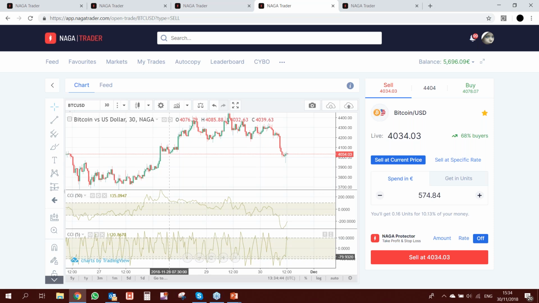If, for example, it was trading on the oversold, and then we had a pierce above the overbought on the smaller time frame CCI, then it would have been a good sell signal.